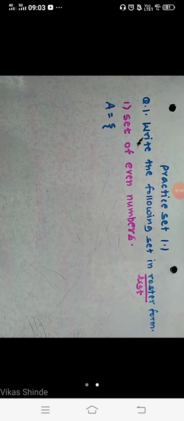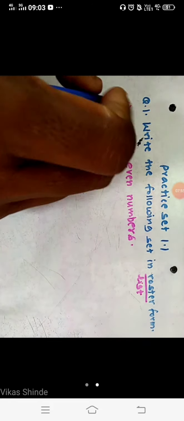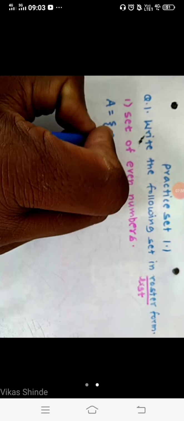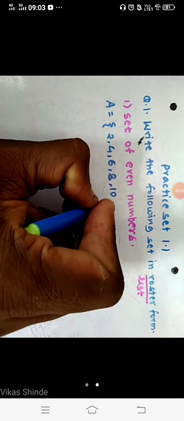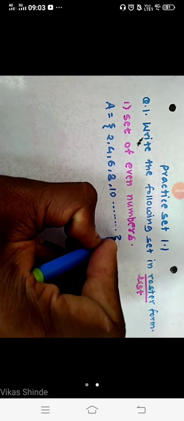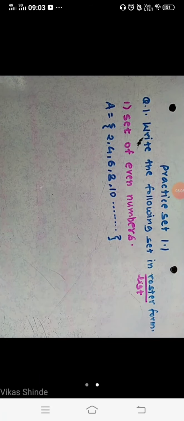The limit is not given, means how many even numbers we have to write here. So that's why we have to write here, suppose, 2, 4, 6, 8, 10 up to infinity, because the limit is not mentioned here. These are the even numbers, set of even numbers.